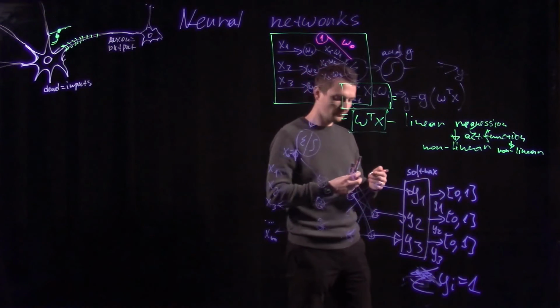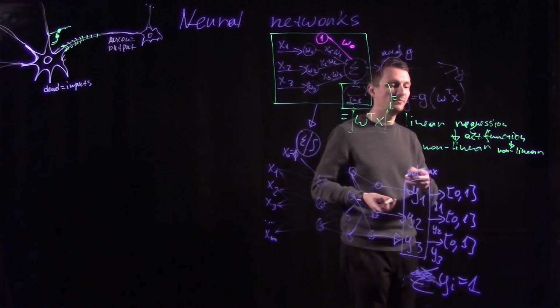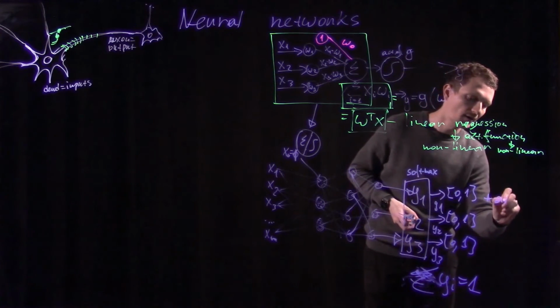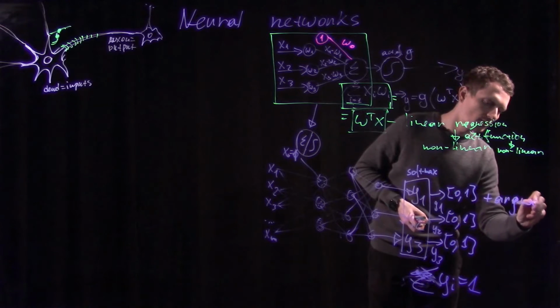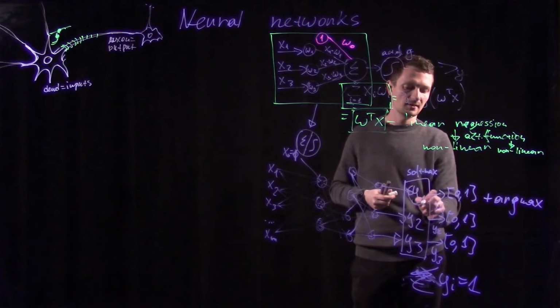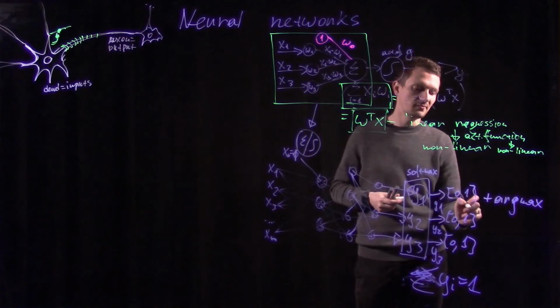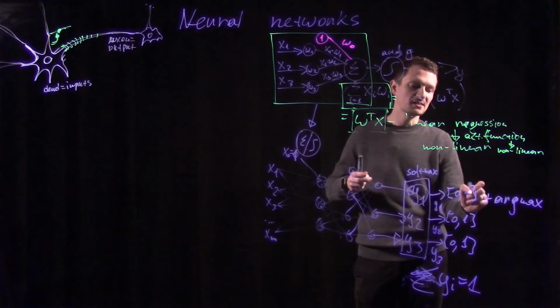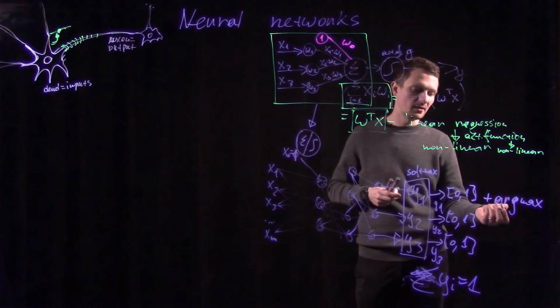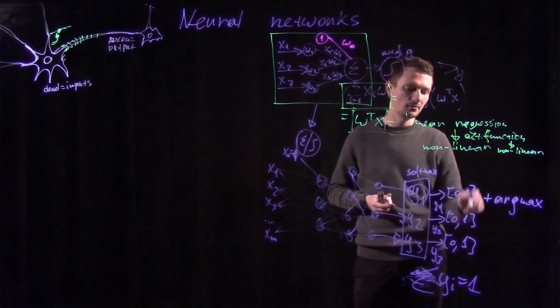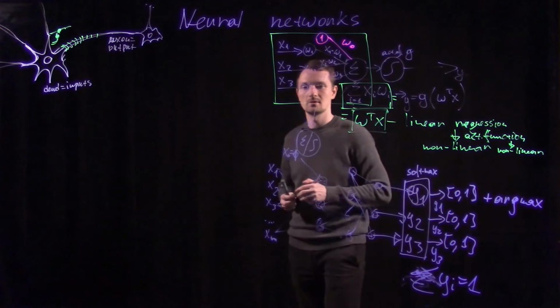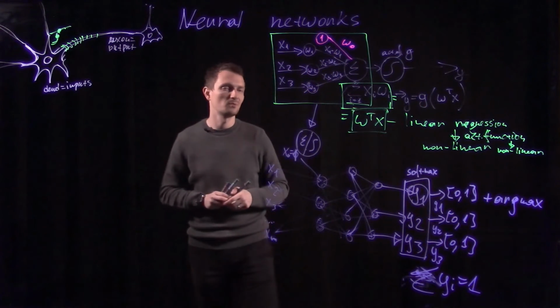And then if you would like to get this class from probabilities, you just apply the argmax function that basically selects the class based on the probabilities, say, for example, the maximum value of them, and returns the index of this parameter with the maximum probability.